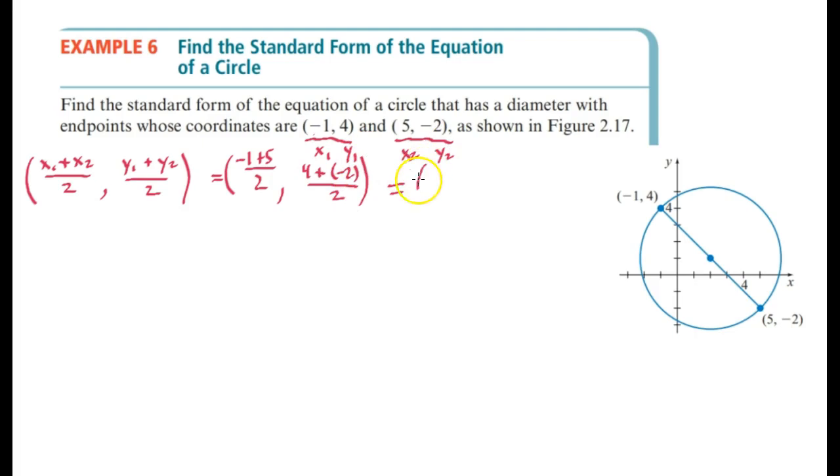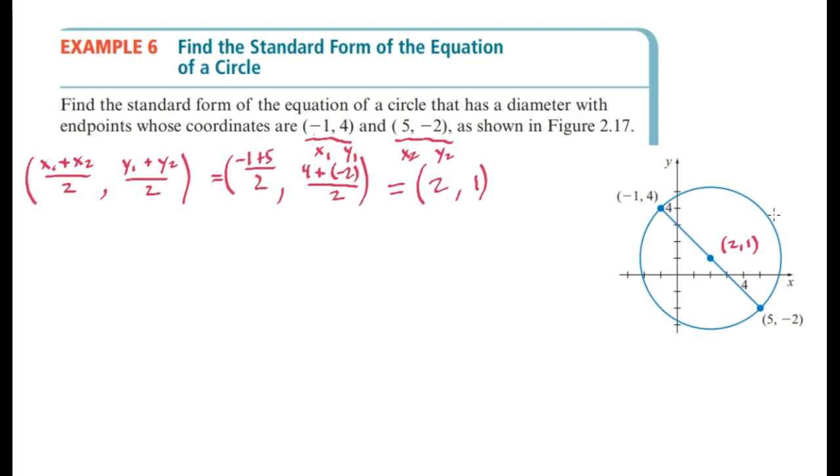And then -1 plus 5 is 4 divided by 2 is 2. And 4 plus -2 is 2 divided by 2 is 1. So that's how we get the point 2, 1 right here. All right, we have the center of the circle.